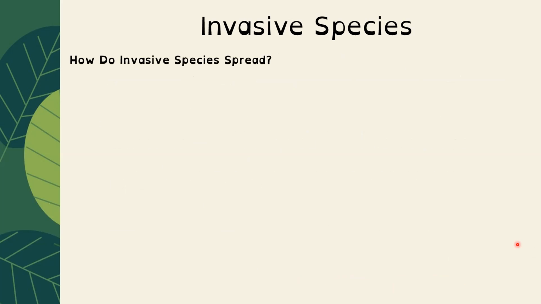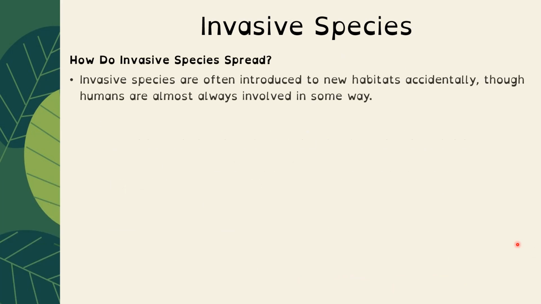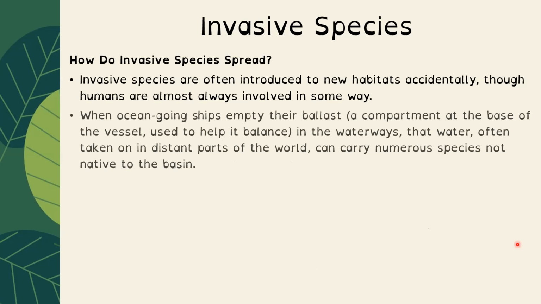So how do invasive species spread? Invasive species are often introduced to new habitats accidentally, though humans are almost always involved in some way. When ocean-going ships empty their ballasts, a compartment at the base of the vessel used to help it balance in waterways, that water, often taken on in distant parts of the world, can carry numerous species not native to the basin.